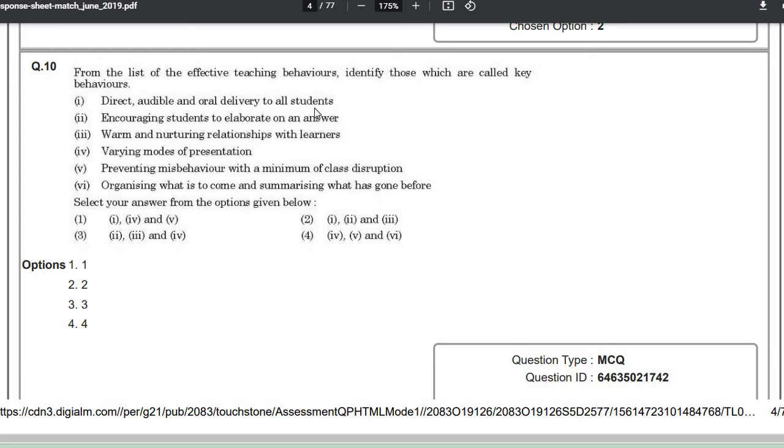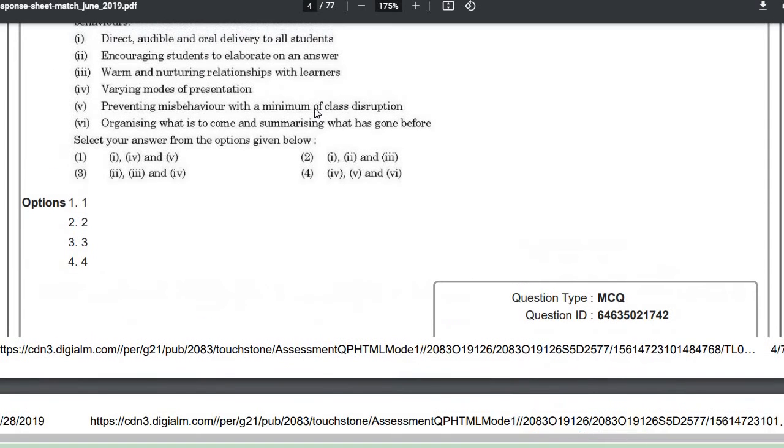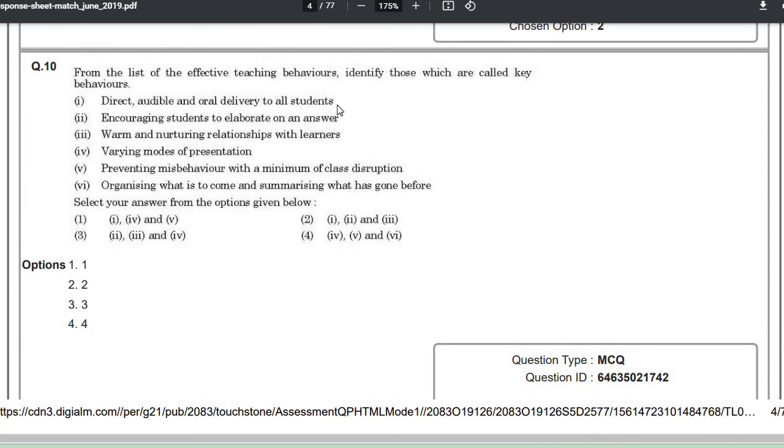From the list of effective teaching behaviors, identify those which are called key behaviors. Okay, so what are the key behaviors? Direct audible and oral delivery to the students, encouraging students to elaborate on answer, warm and nurturing relationships with the students, varying modes of presentation, preventing misbehavior with the minimum of class disruption. Which are relevant to that teaching behavior here? Direct audible and oral delivery to all the students, and varying modes of presentation is relevant.